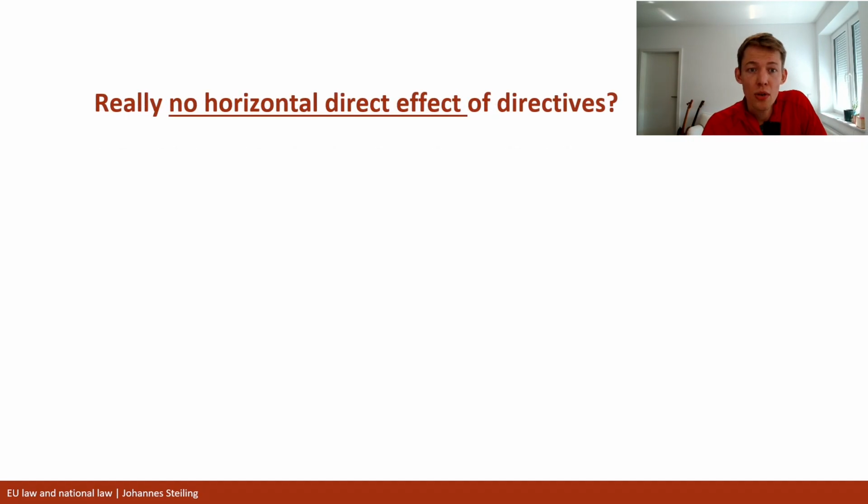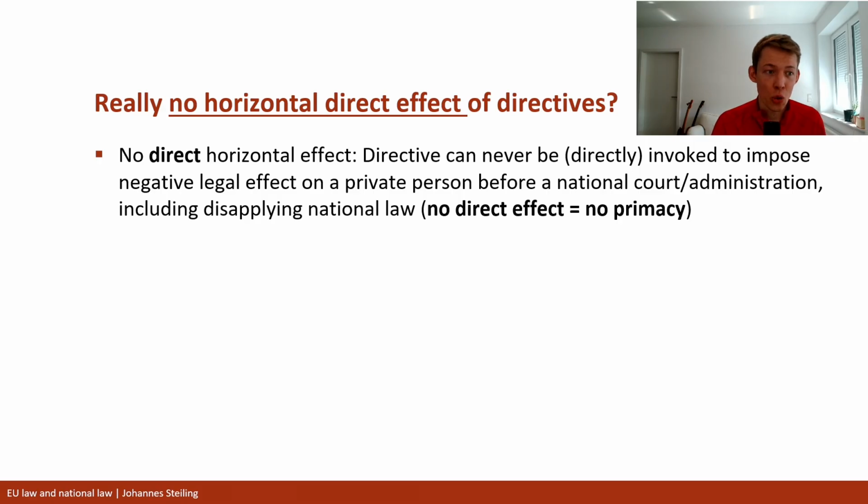So, right, the argument is sanction for the state. We talked about that. So now let's ask the question: is there really no horizontal effect of directives? Never? Well, in general, no, right? The ECJ says the directive can never be invoked to impose negative legal effects on a private person, including disapplying national law.